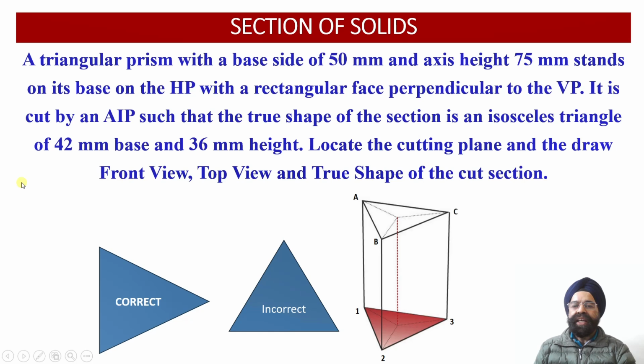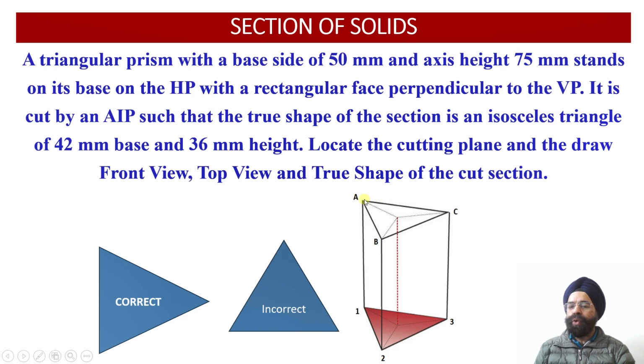Next thing is, we know that the base of the isosceles triangle happens to be 42 millimeter. So now the cutting plane, that is the auxiliary inclined plane, should be cutting the top face of this triangular prism at 2 points, and these 2 points should be obtained on the adjacent edges over here.